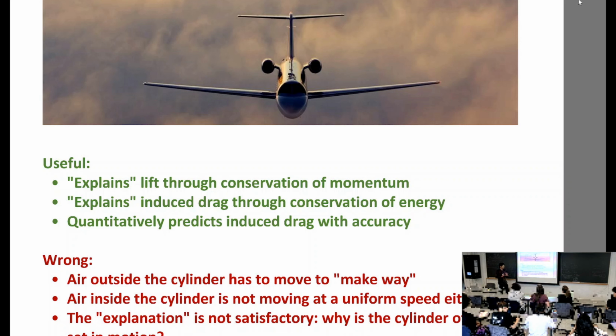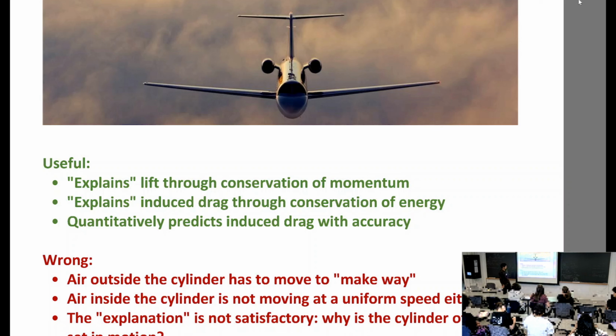Exactly what is the distribution of velocity inside this cylinder? Where does air move faster? Where does air move slower? What direction is the air moving? That actually depends on the span-wise loading of the airplane. So here I'm assuming a cylinder moving down uniformly is an okay approximation only for a well-designed airplane.